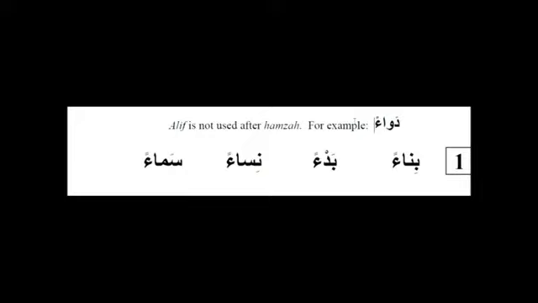I didn't explain the hamza being on its own at the end of the word. Hamza, when it's followed by an alif or a sukoon, or a long vowel, is written independently, like you can see here. Otherwise, it is written on a seat corresponding to the vowel preceding it.